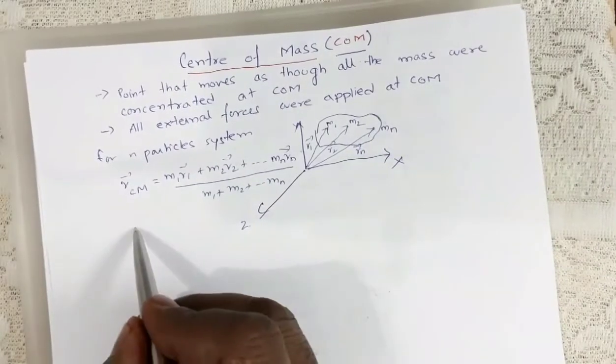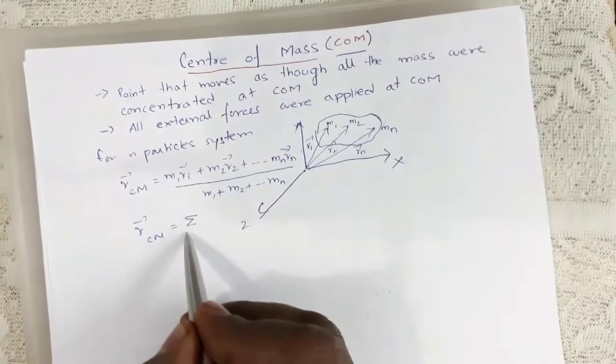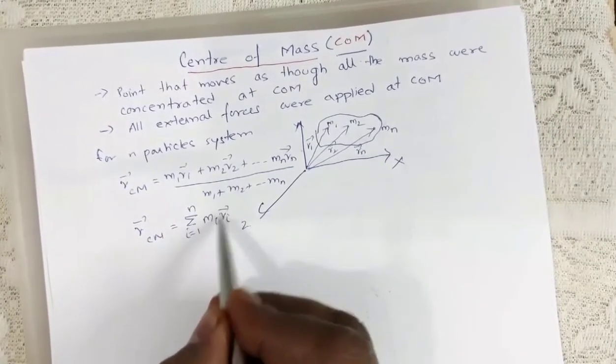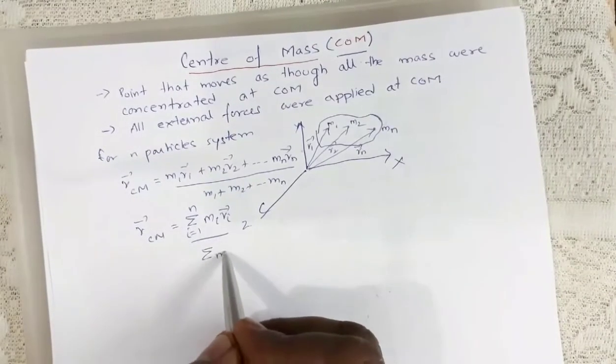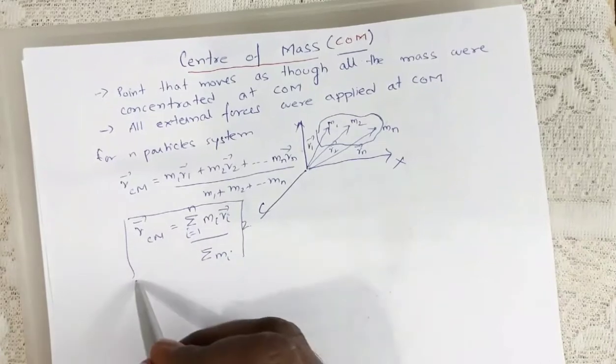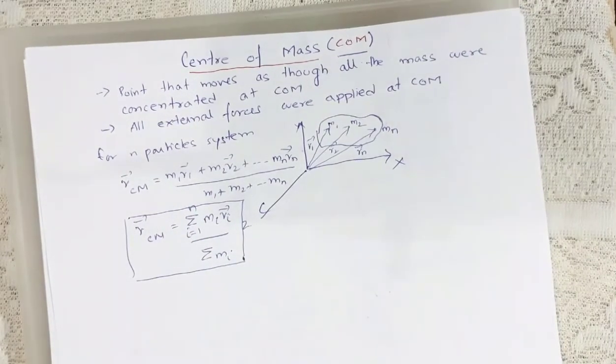So this can be written as the position of the center of mass equals summation i equals 1 to n of mi ri divided by summation mi. So this is the general expression for locating the center of mass of an n particle system.